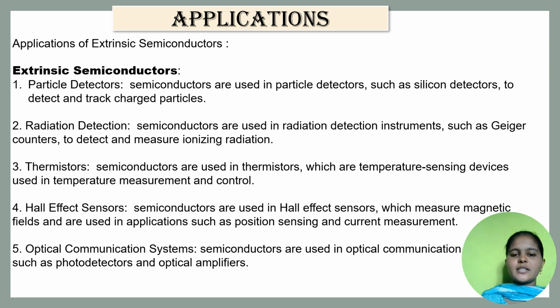Extrinsic semiconductors are used in Hall effect sensors, which measure magnetic fields and are used in applications such as position sensing and current measurement. Extrinsic semiconductors are used in optical communication systems such as photodetectors and optical amplifiers.